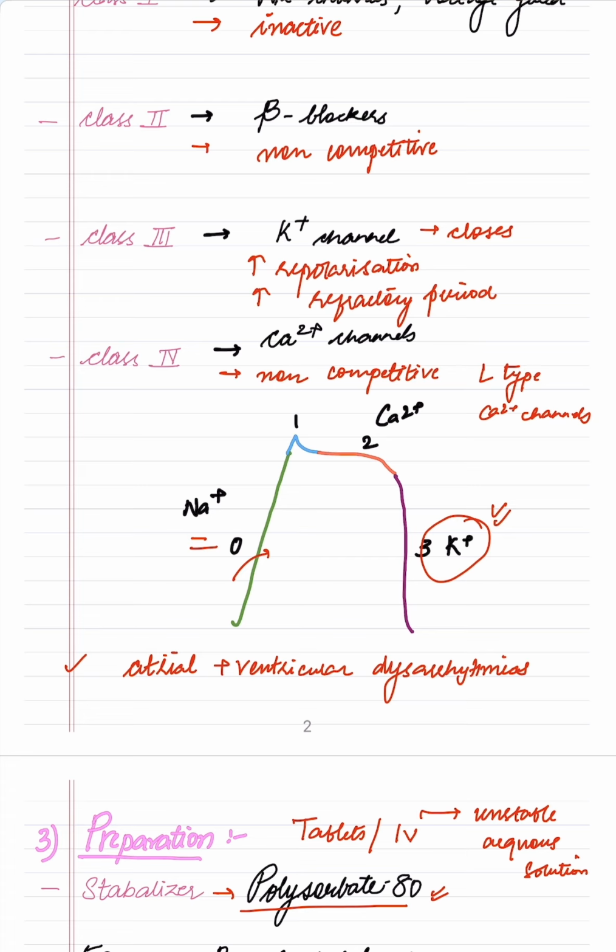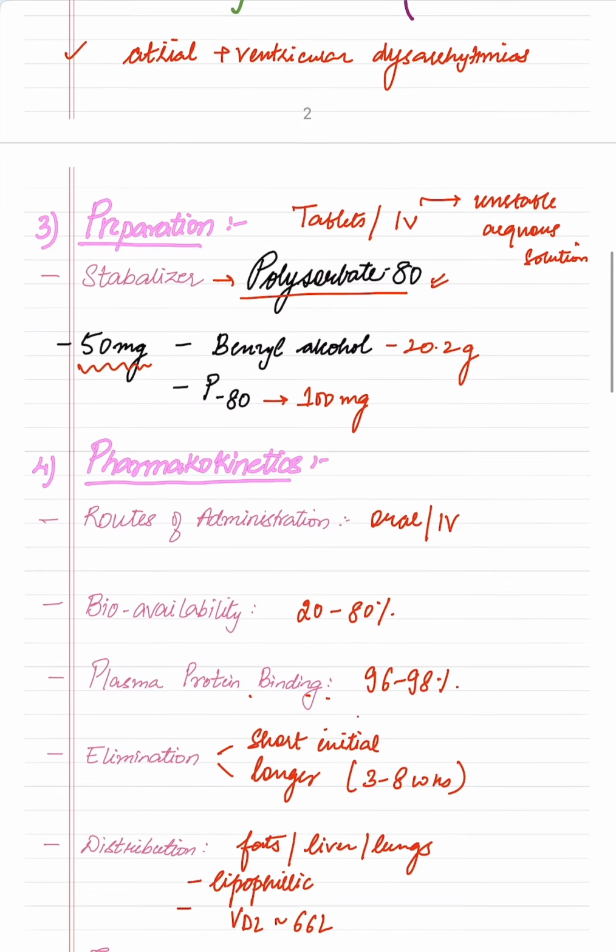Usually in acute dosing, the class 2 and class 4 mechanisms are the ones that come into play, while when we're giving amiodarone chronically, it is mainly the class 1 and class 3 actions that mediate its antiarrhythmic effect.